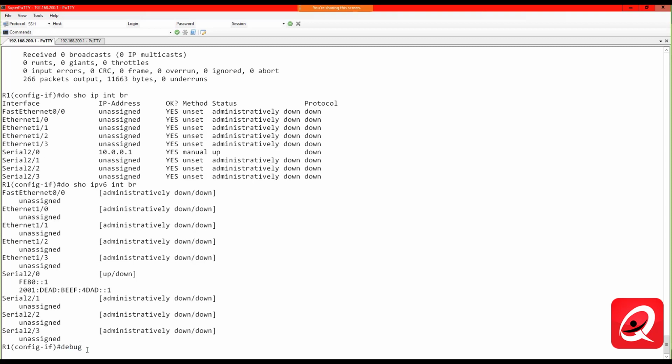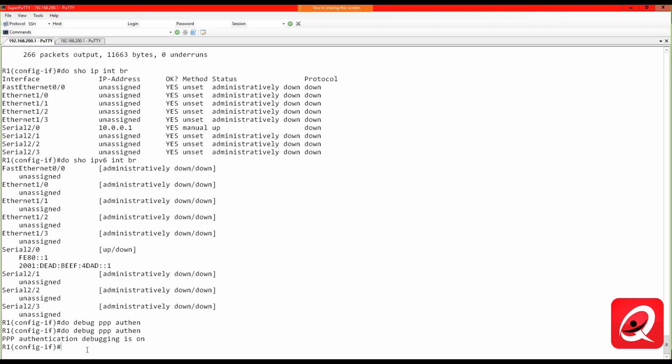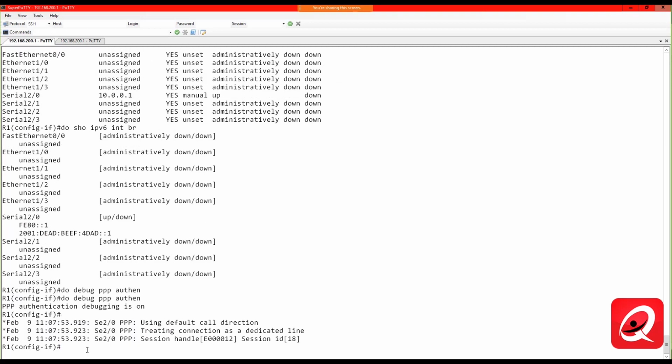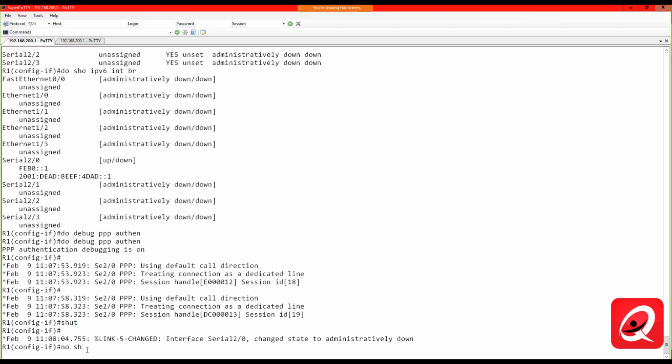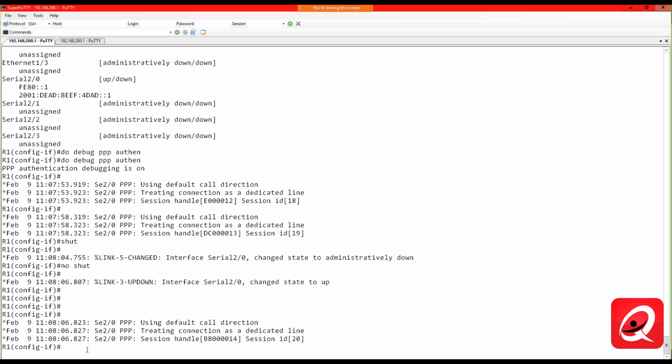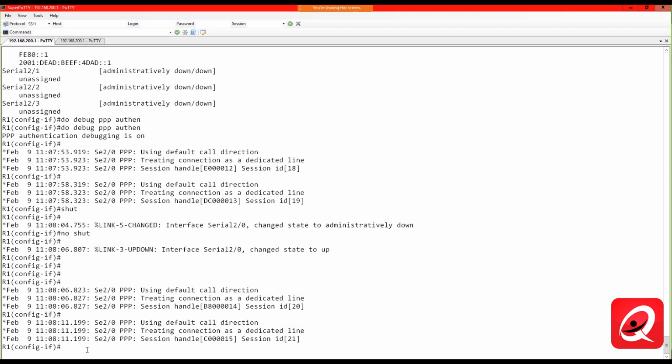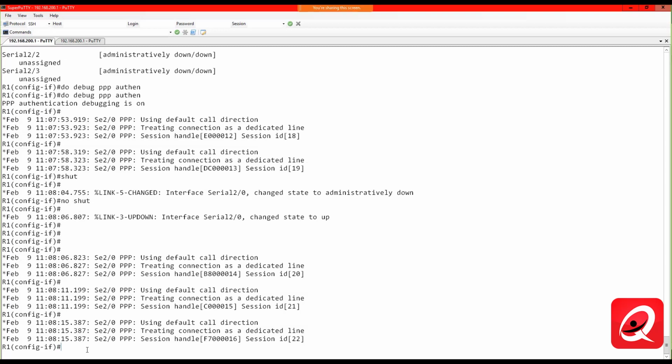All right. Now let me run a debug PPP authentication so we can see anything that might be happening with this process. Let's do a shut on the interface and a no shut to see if we can see any messages coming across indicating that authentication is required. I may have to run it on the other side as well.